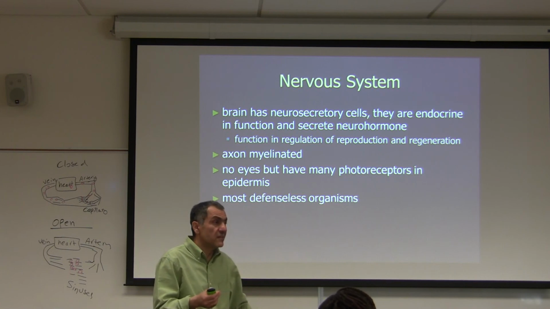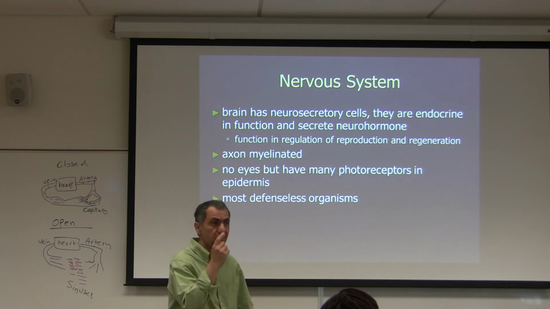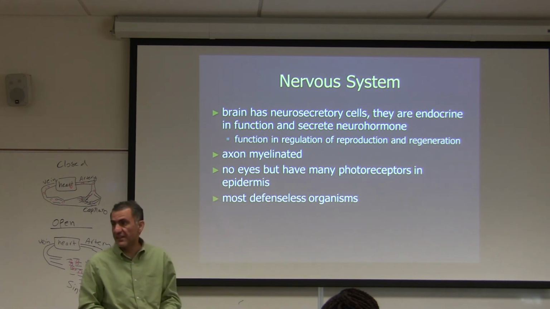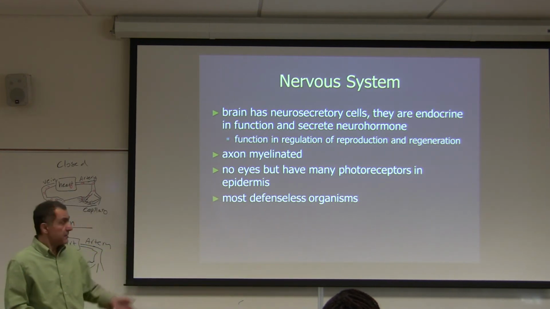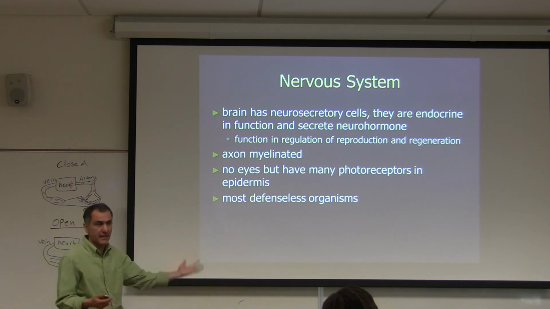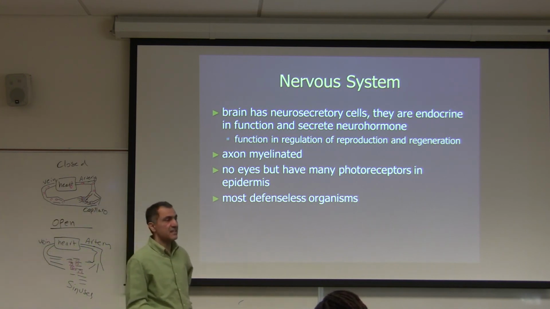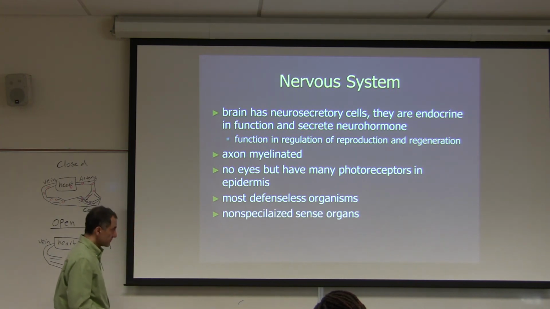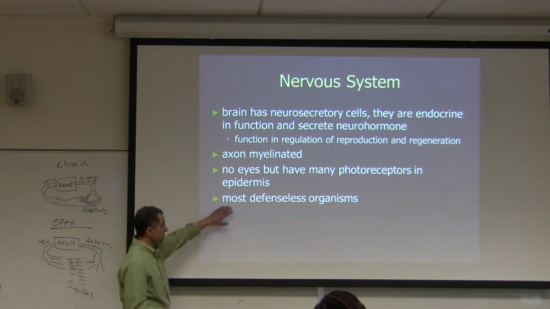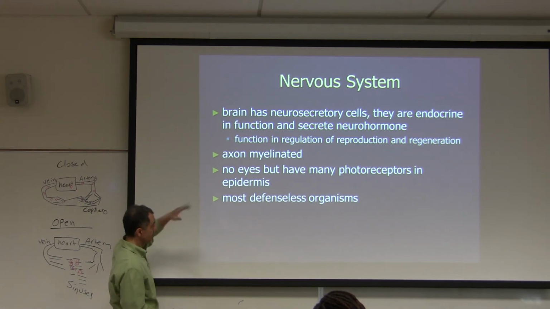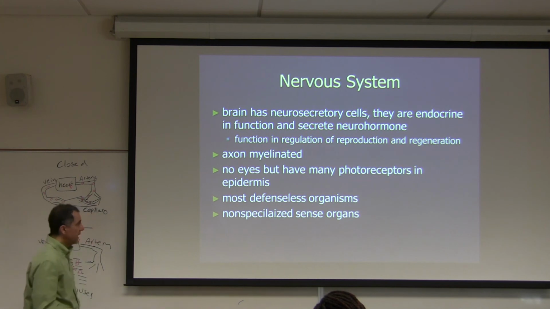Well, sponge spicules are not for defending themselves, just for support, though they happen to be a type of defense as well. But these guys do not have any weapon. Nothing. The most defenseless animal on planet Earth. Okay, so that is important, again, for your final exam, and of course for this exam.